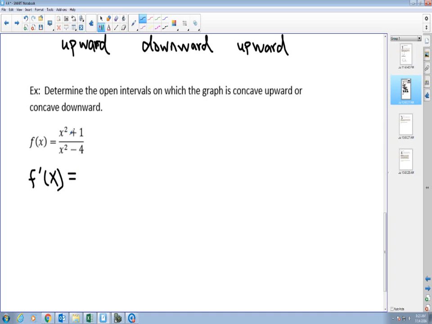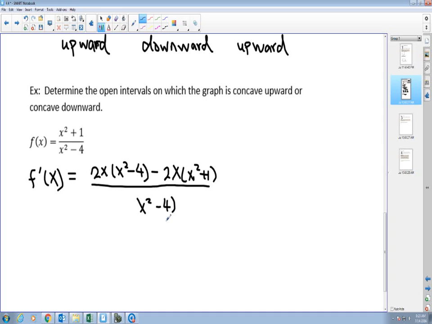Derivative of the top times the bottom minus derivative of the bottom times the top, over the denominator squared. Alright, using the quotient rule.